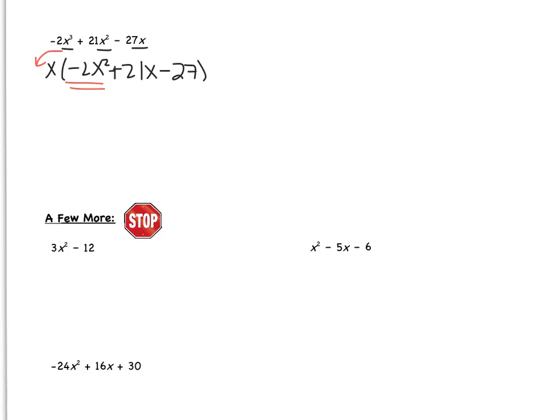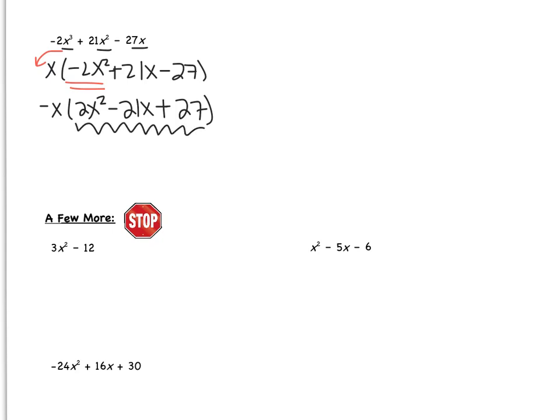So now, in front, I have negative x. This now becomes positive 2x squared minus 21x plus 27. Now, I notice if I multiply that negative x in, I'm going to end up with the same polynomial that I started with. What I want to do now is factor this part.